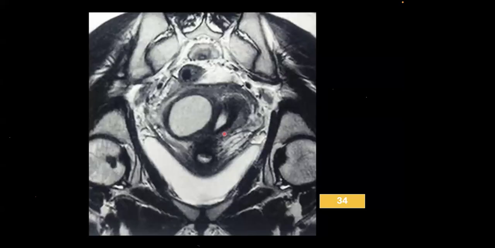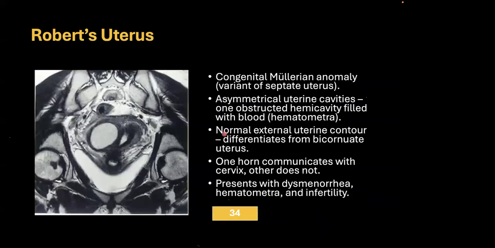So, it is something very atypical. It's called Robert's uterus. So, it is a variant of the septate uterus. Here you can see the cervical canal is connecting with this cavity, and this is an obstructed thing.